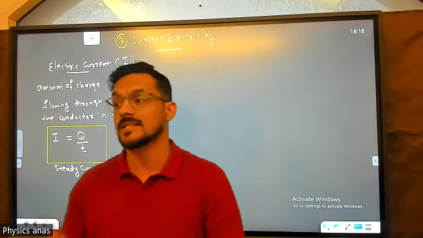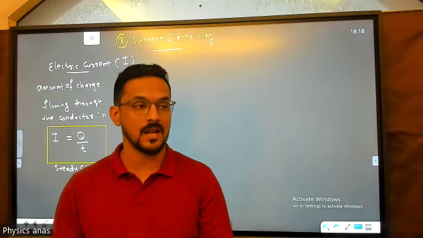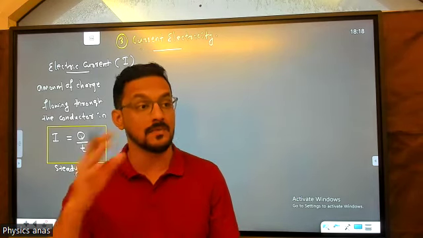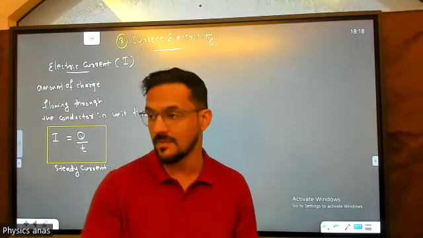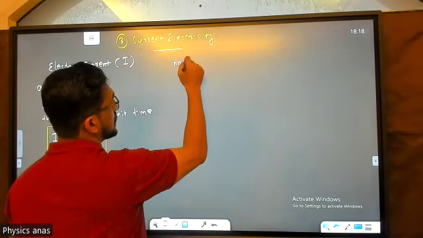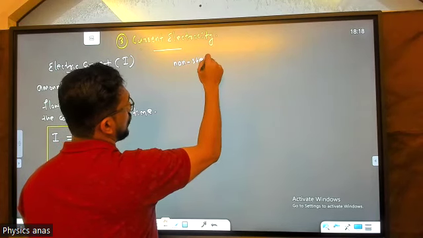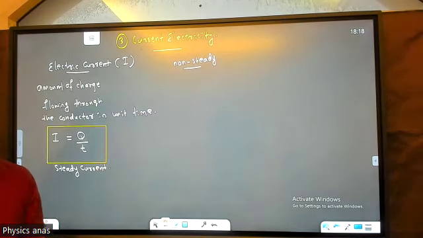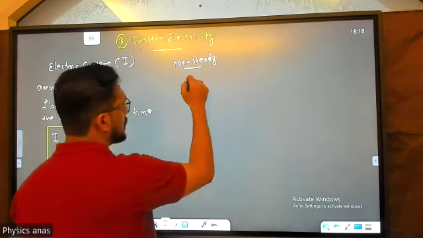If the flow of charge is not steady, what will be there? Then there will be variable current. The current is not steady, non-steady. If flow of charge is non-steady, then what will that be?